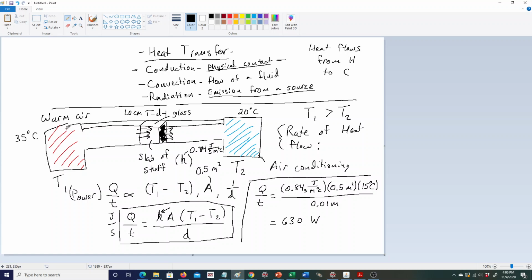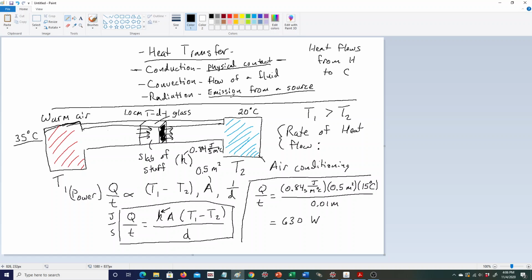So for example, consider this warm reservoir here. In this warm reservoir is warm air, and we're going to assume that the warm air is at 35 degrees Celsius. Now, what's a reservoir?